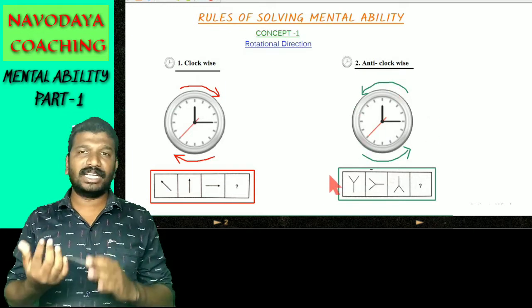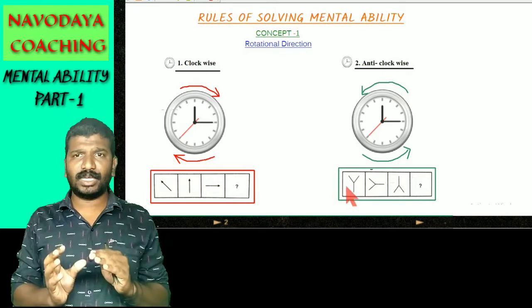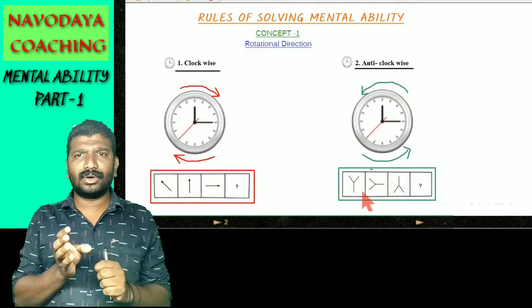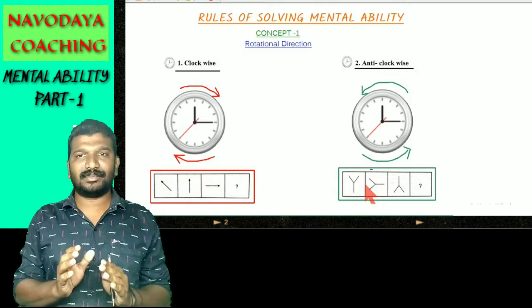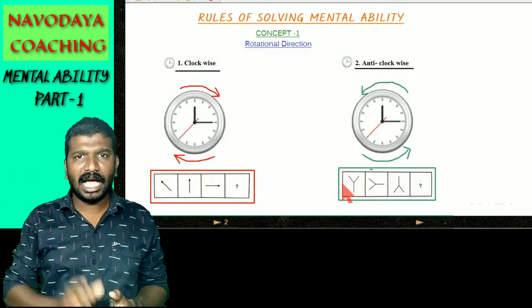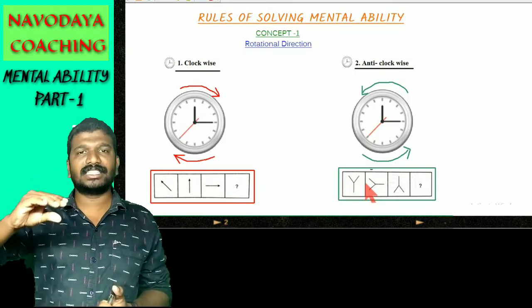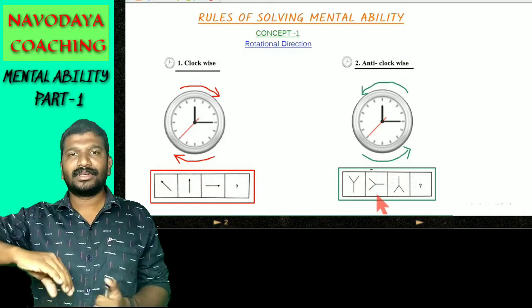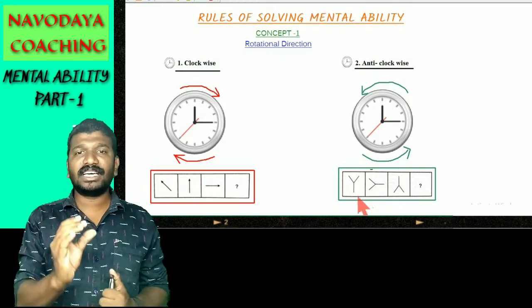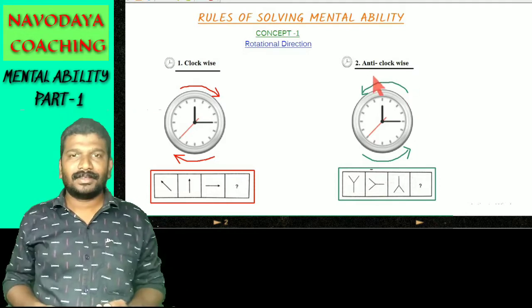One Y-shaped figure is given in the example. That figure is moving in the anti-clockwise direction. That means the Y open shape first faces the upper portion. Next it moves to the left. Next it moves down. So that movement of the figure is called anti-clockwise movement.